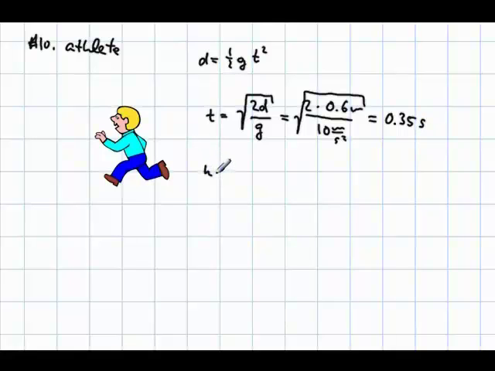And then for the total hang time, they say double that time, so 2 times 0.35 is 0.70 seconds.